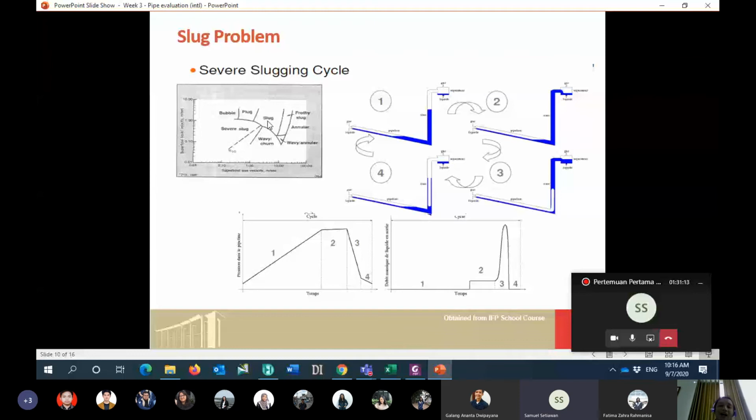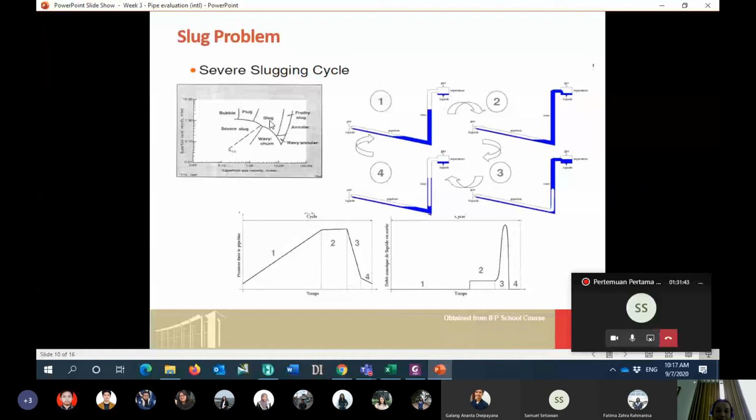So how to avoid the slug? The chart is a combination of superficial gas velocity on the x-axis and superficial liquid velocity on the y-axis. Remember, the y-axis is the superficial liquid velocity, and the x-axis is the superficial gas velocity.